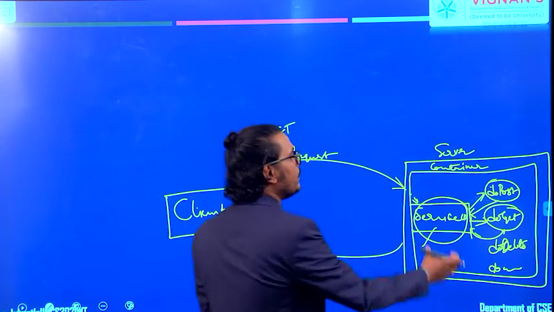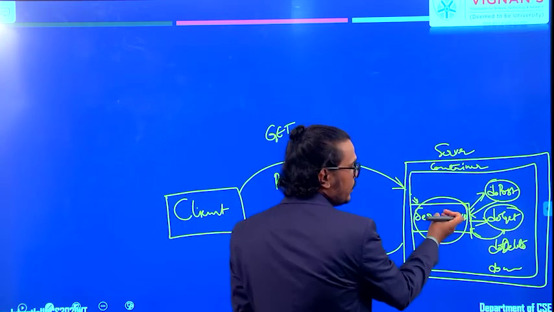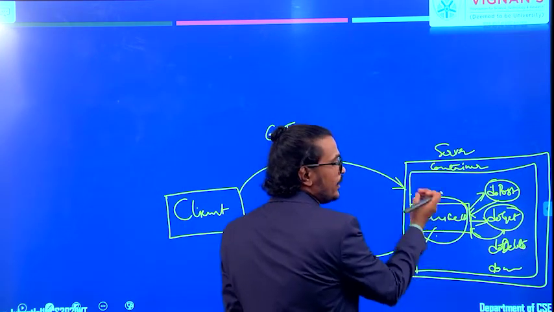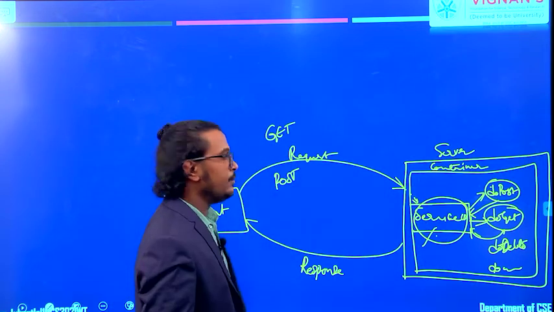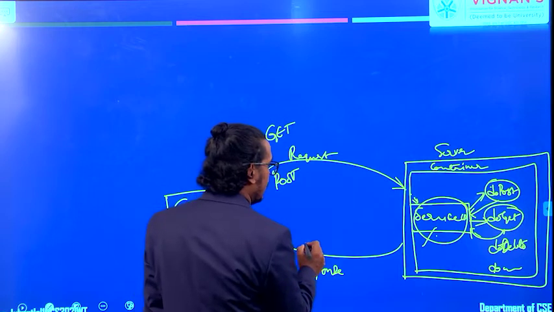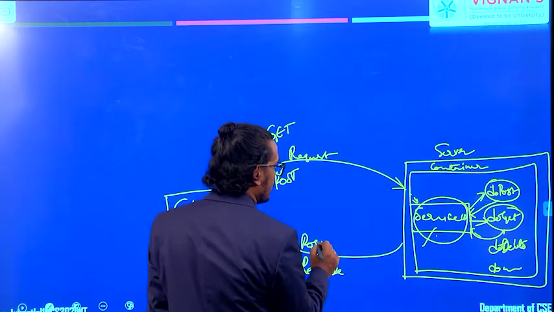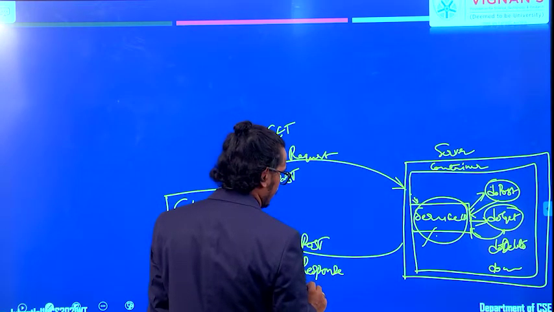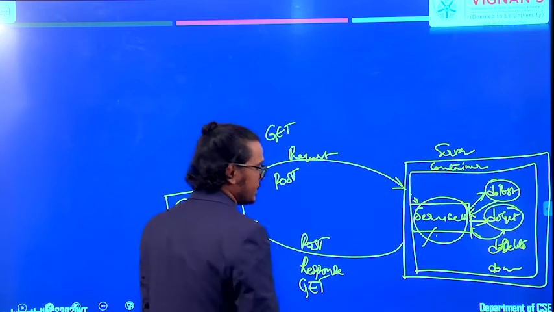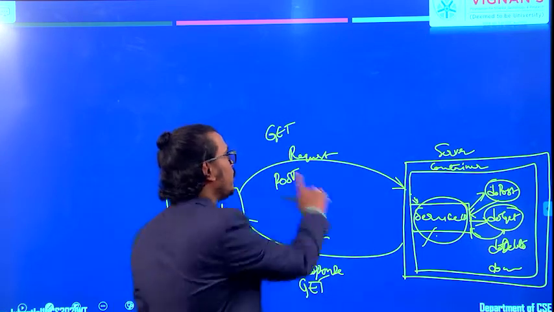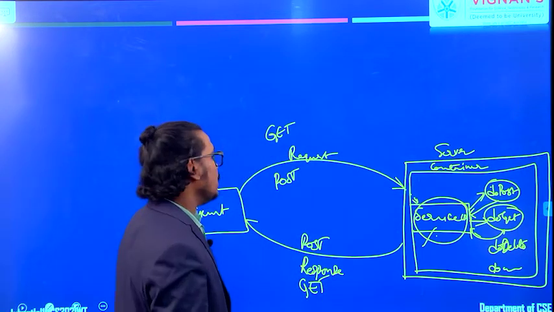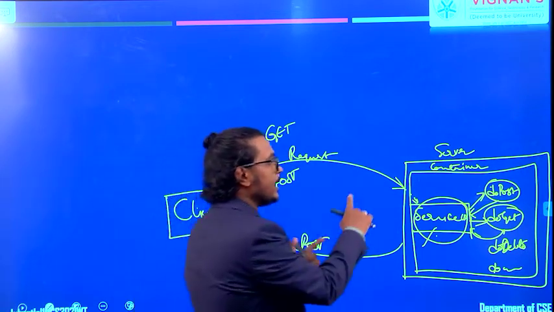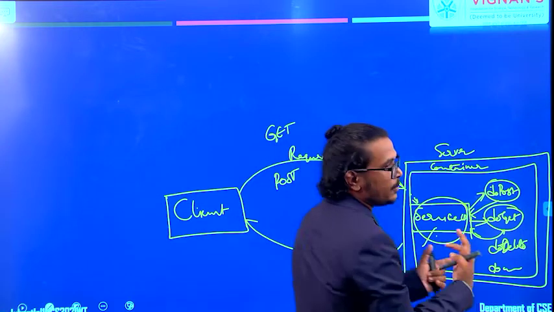The service method will take that response and dispatch it to the client machine with the help of the post response or get response, based on your request. Here I am getting the request from the client machine.